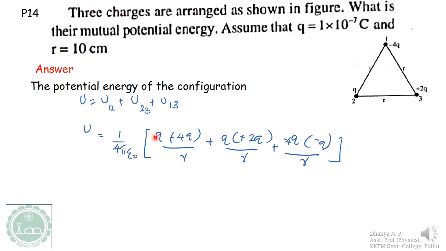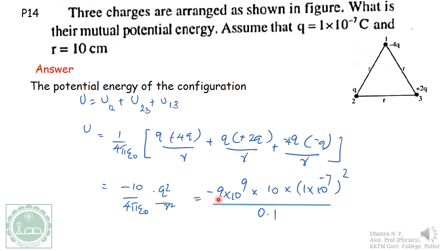First pair 1 and 2: Q and minus 4Q, Q into minus 4Q by R, plus Q into plus 2Q by R, plus minus 4Q into 2Q by R. That is minus 1 by 4 pi epsilon 0 into 10 into Q square by R. By simplifying we will get like this.